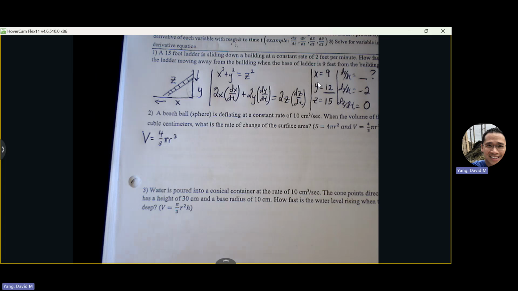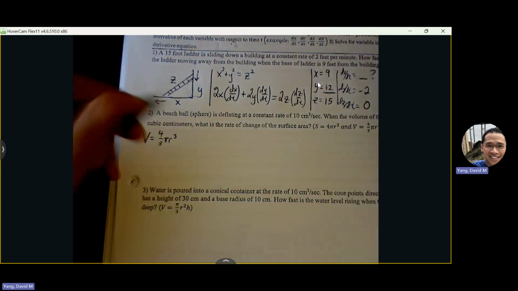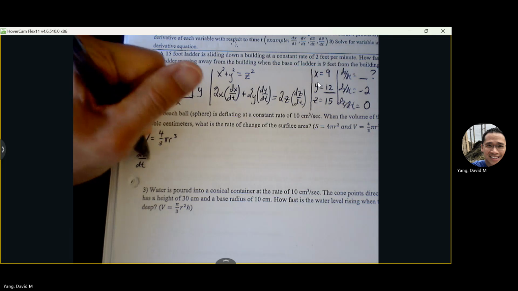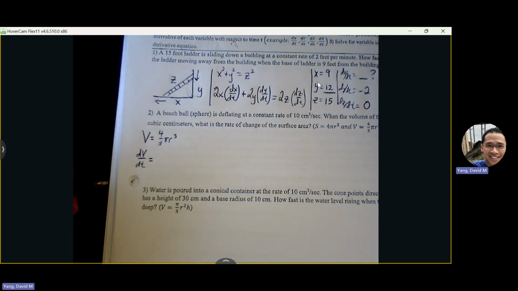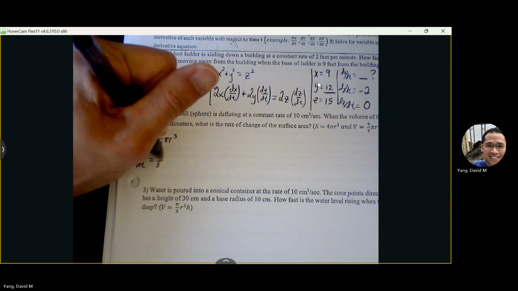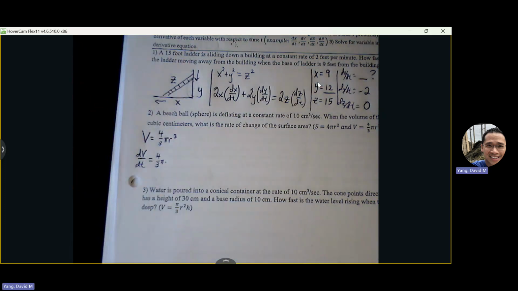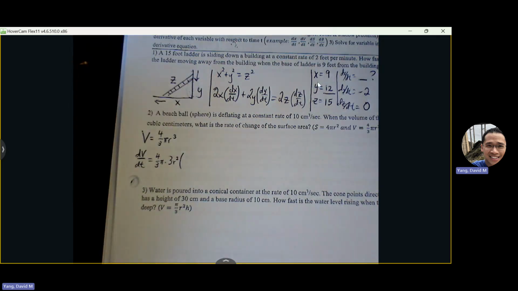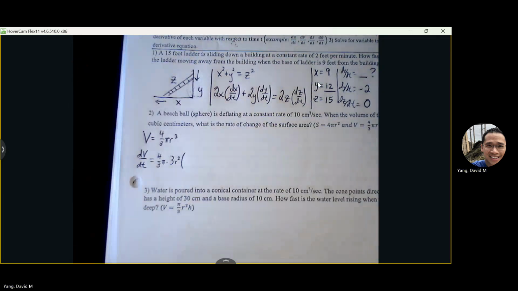V's derivative is just 1 dv dt. Four-thirds pi is a coefficient. That's not going to go anywhere. It's the r cubed that's getting the power rule. So r cubed becomes 3r squared multiplied by what? dr dt.